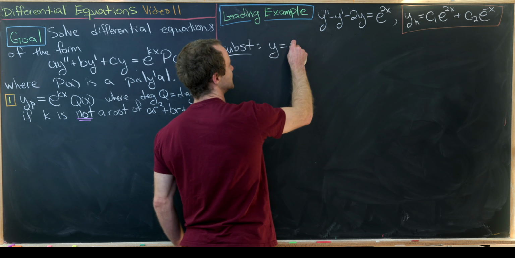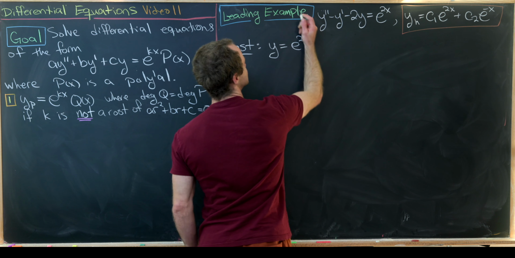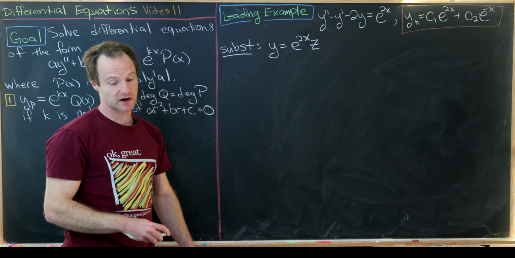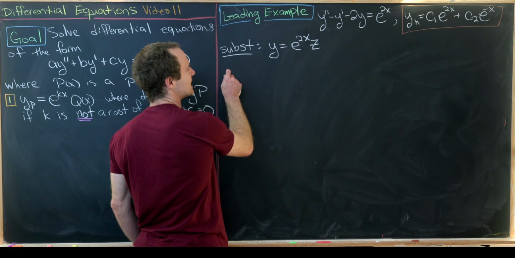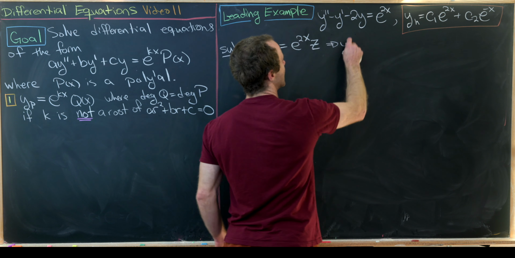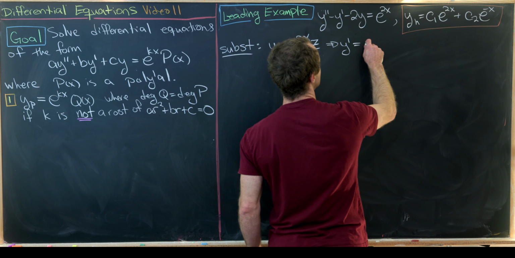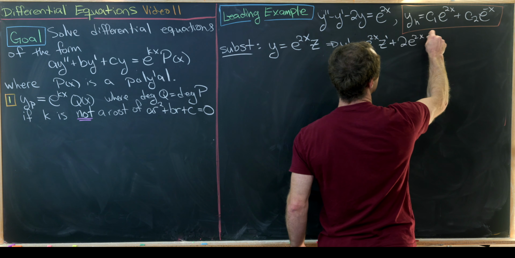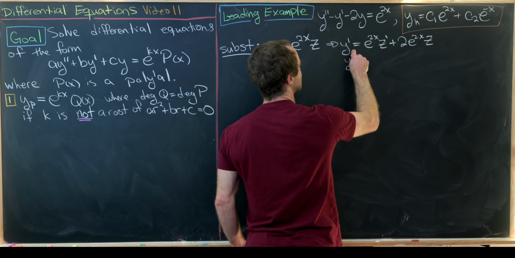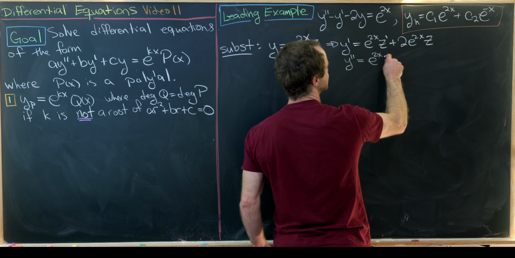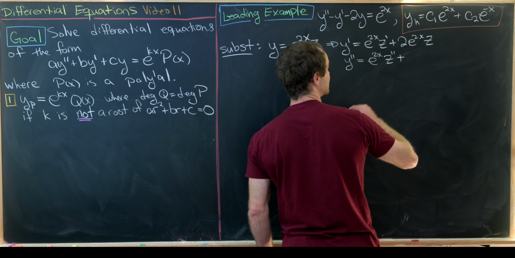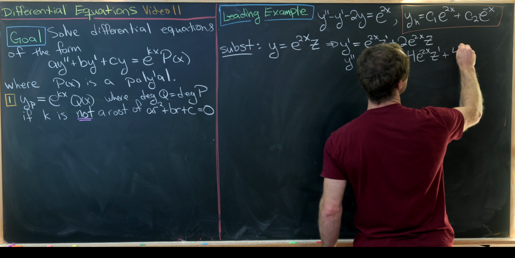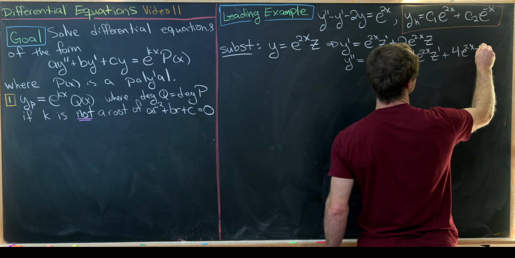Let's say y is equal to e to the 2x times z. And then what will that do to our differential equation? That means y prime is equal to e to the 2x times z prime plus 2 times e to the 2x times z, and then y double prime is e to the 2x times z double prime plus, let's see, 4 e to the 2x times z prime plus 4 e to the 2x times z.